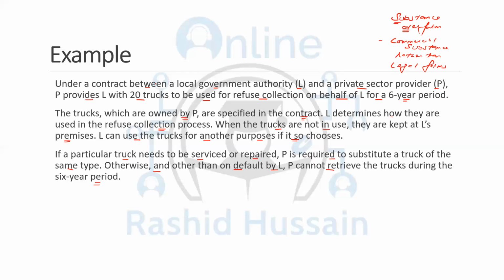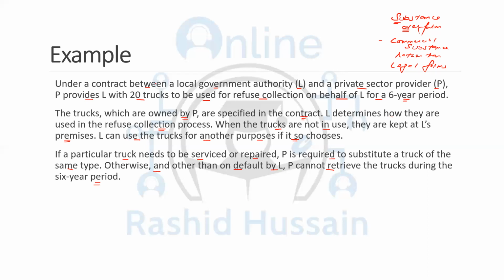They are not giving control of the trucks to the lessee, the local government authority. They say: we will be doing the refuse collection on your behalf. Just give us the time, and our trucks will come at that time. We will do the refuse collection and then we'll go. The trucks will be kept at our own premises, and you cannot use the trucks for anything other than the refuse collection.